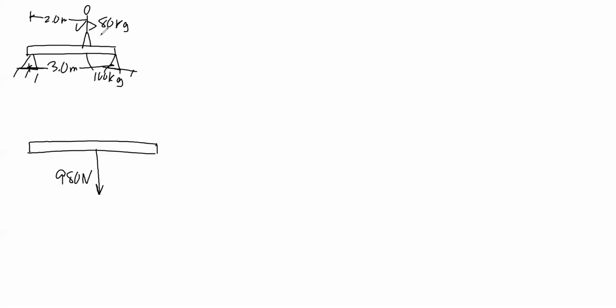It's the force of the person on the beam. It just happens to equal the Earth's pull on the person. So that's at 2 meters then. So 80 kilograms times 9.8 is 784 newtons.